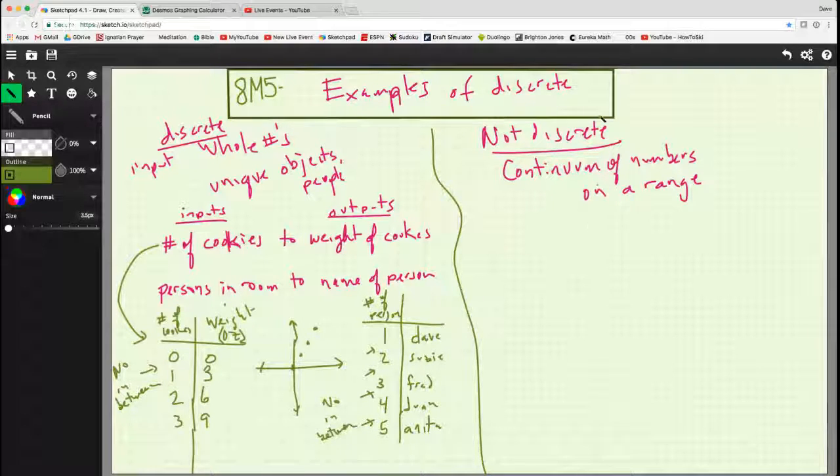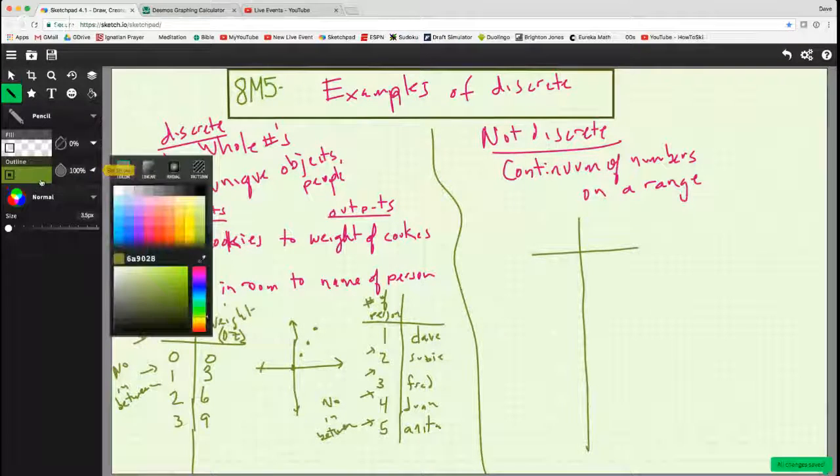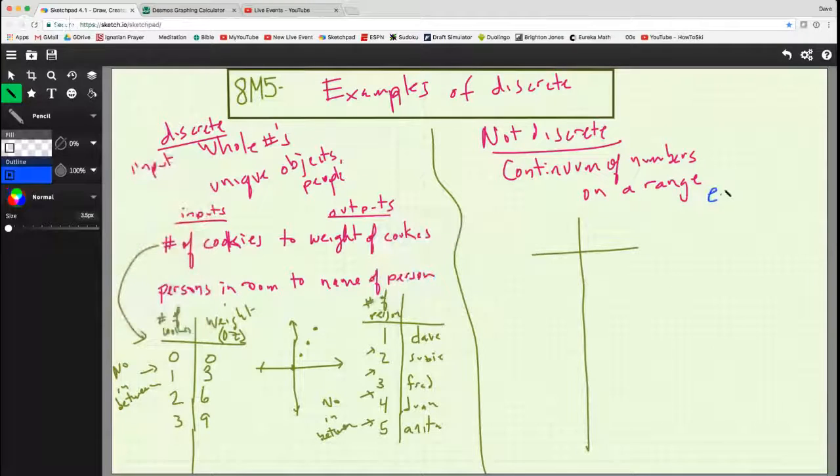Now let's think about a discrete function, and these will be things on a range. An example might be the distance I walked in a given amount of time.